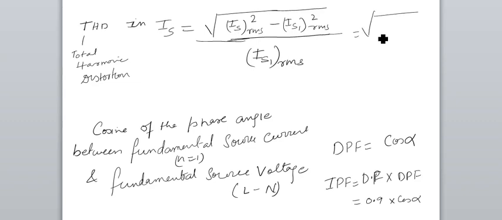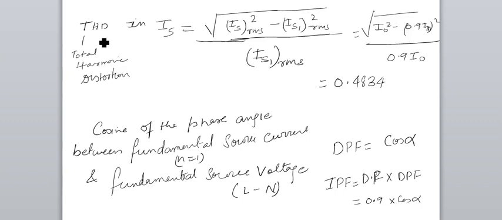That is I naught square, minus 0.9 I naught square, divided by 0.9 I naught. So you will get 0.484834.